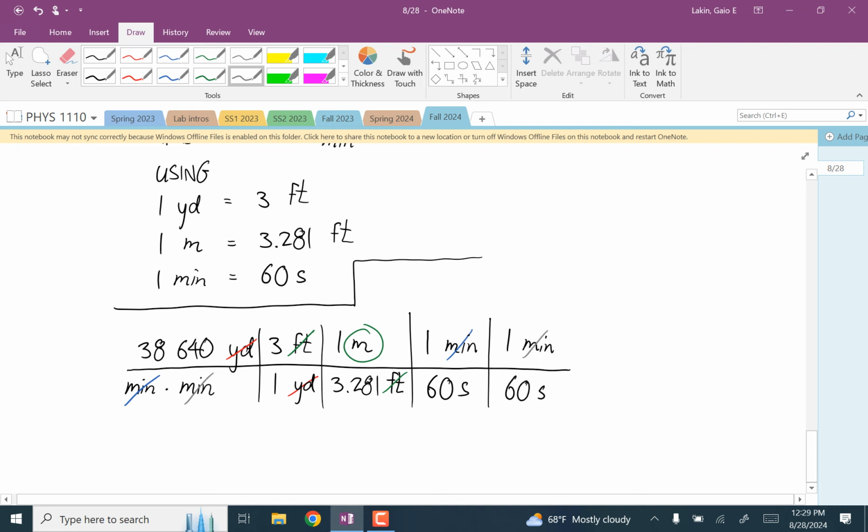And now finally, we have length units of meters, time units of seconds times seconds, or seconds squared. And so now all we have to do is multiply and divide out those numbers, and we'll have the answer. And if you do that, you get something like 9.81 meters per second squared.